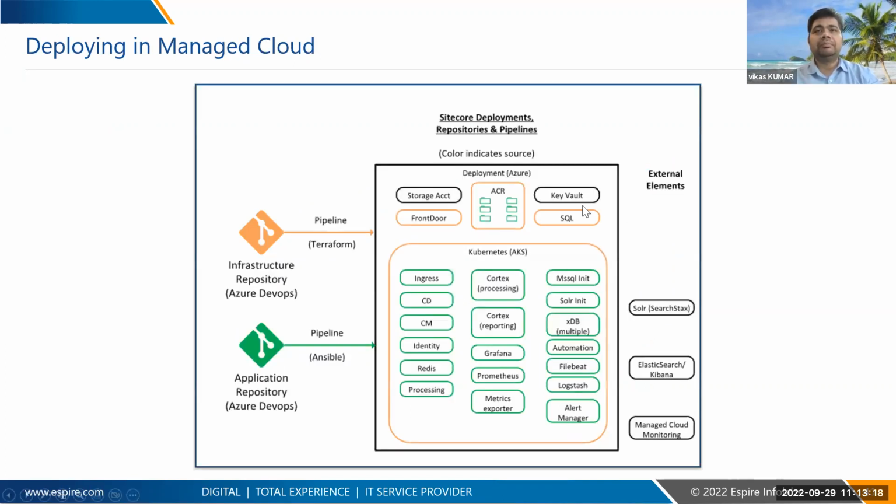To see it in detail, you will see the pipelines. That was a repository, and these are the pipelines. Those pipelines actually fire the Terraform scripts for the infrastructure part. With our deployment, some infrastructure pipelines fire automatically and keep our VMs up to date, like patching and all those things.